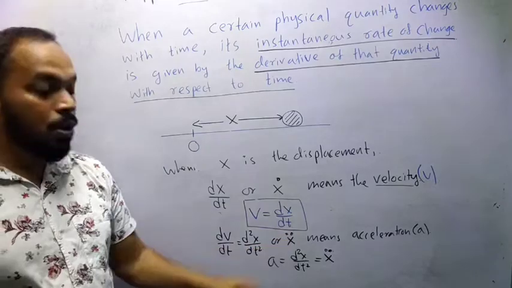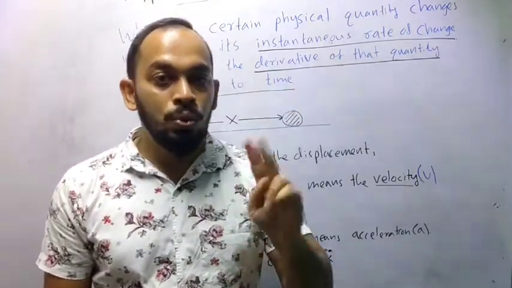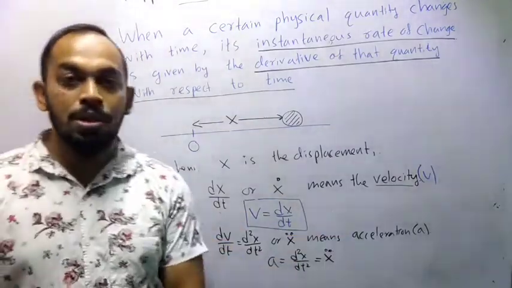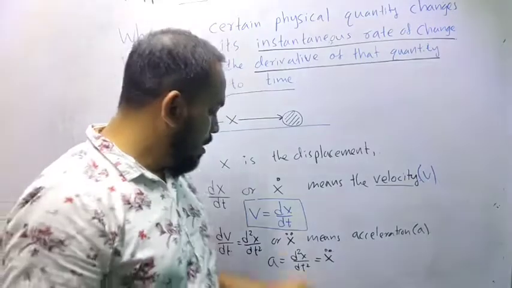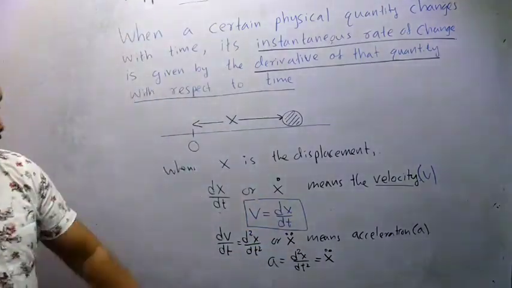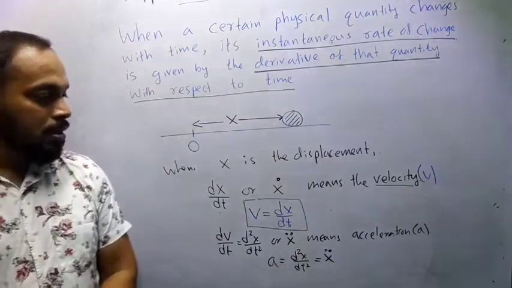If you have two dots, that means you differentiate that quantity twice. That means acceleration. Keep this in mind, we will use these notations in applied mathematics. So a is equal to d squared x over dt squared, or x double dot.